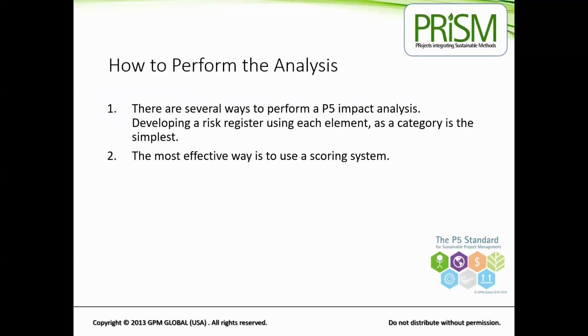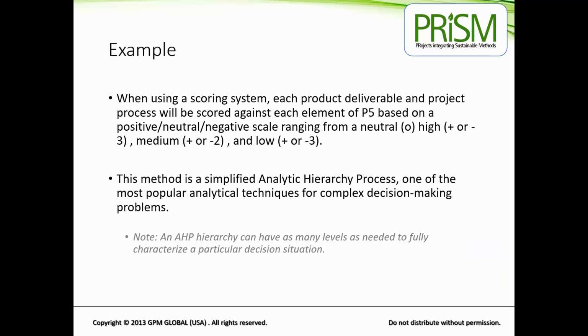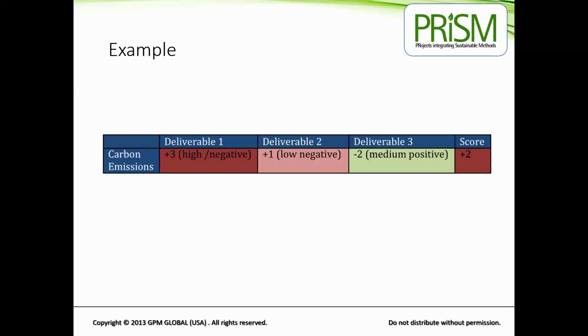And how do we help to perform the analysis on the P5? This is one of the most effective ways to use the scoring system to help decision making, so that the alignment of the impact can be assessed and the risk profile can also be evaluated based on the decision-making tools. For example, if you're looking at carbon emission and you have deliverables impacting the amount or quantity of carbon dioxide that needs to be accumulated, there is a tool that you'll be using to assess to what extent it gives you the scores that you need.